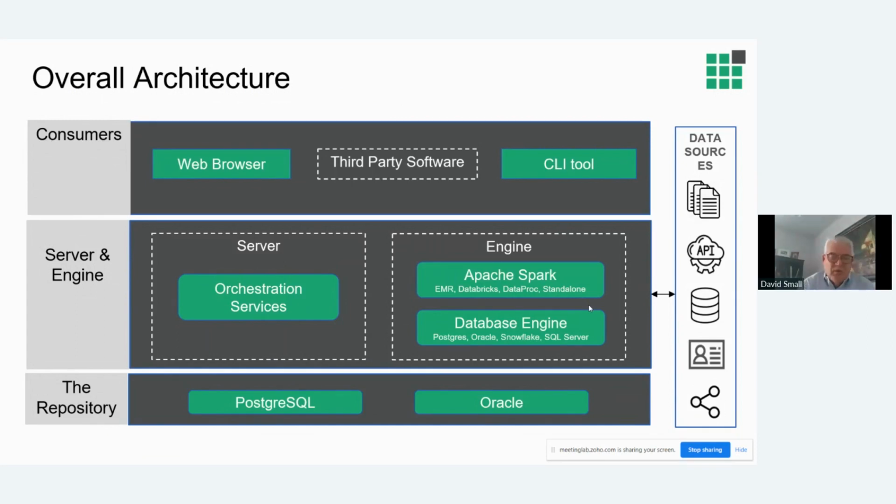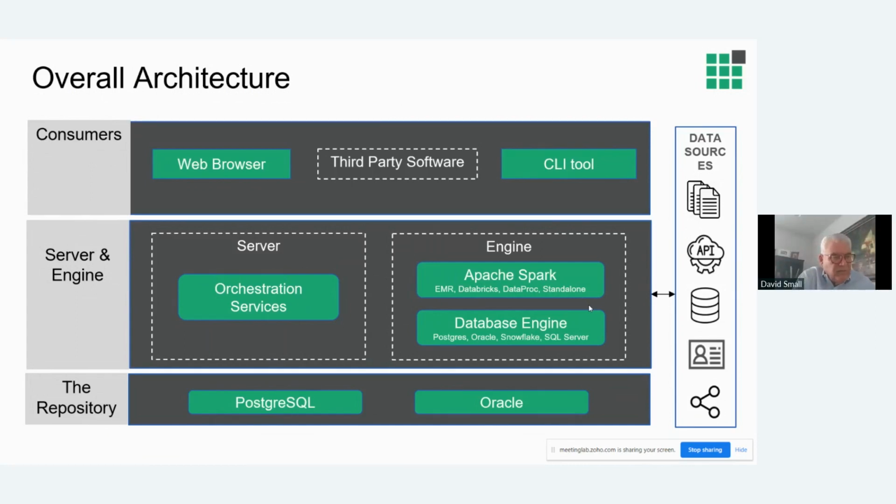So the one big addition into the web-based version of ETL Validator is that Apache Spark implementation. So you interact with the architecture through a web browser, could be through third-party software or through a CLI tool. All of the orchestration, the development of the test cases and all those things, they are done in the server. And then the heavy lifting is done in the engine, either through Apache Spark or the database engine.